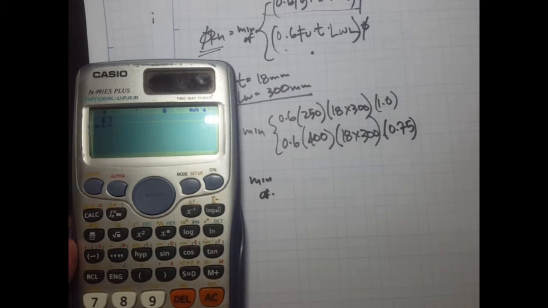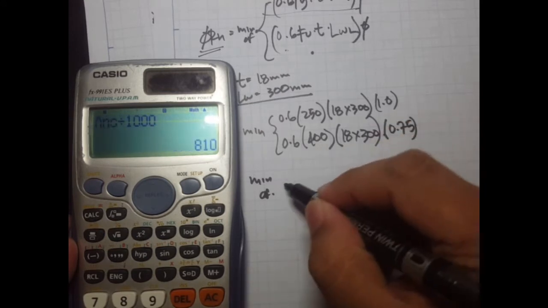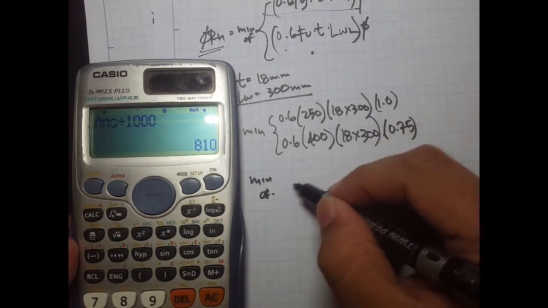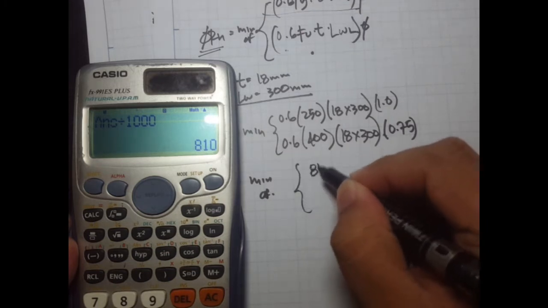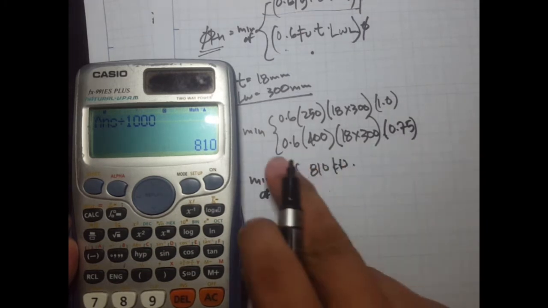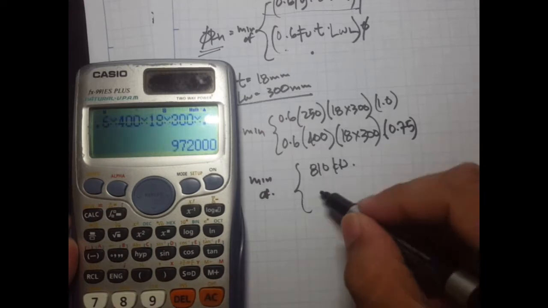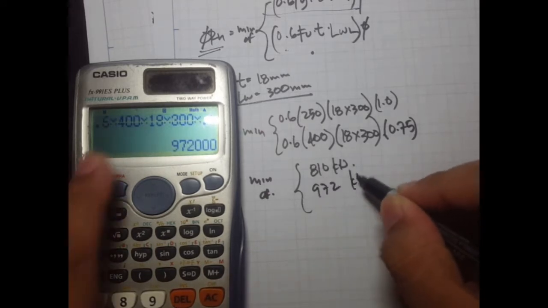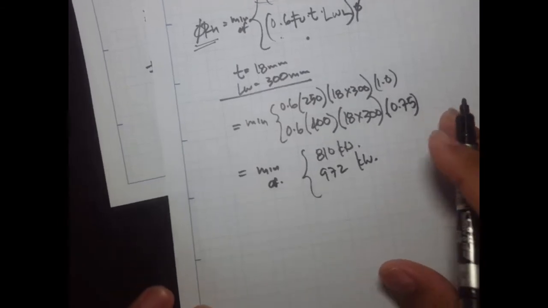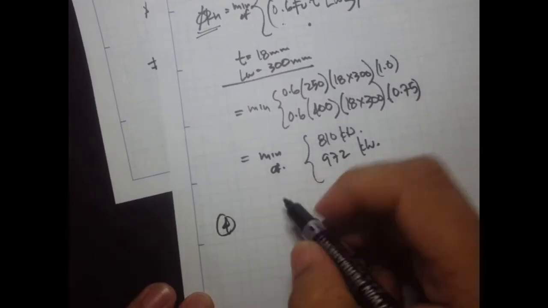That's 0.6 times 250 times 18 times 300 divided by 1000. That's just 810 kilonewtons, and this one, 0.6 times 400, that's 972 kilonewtons.